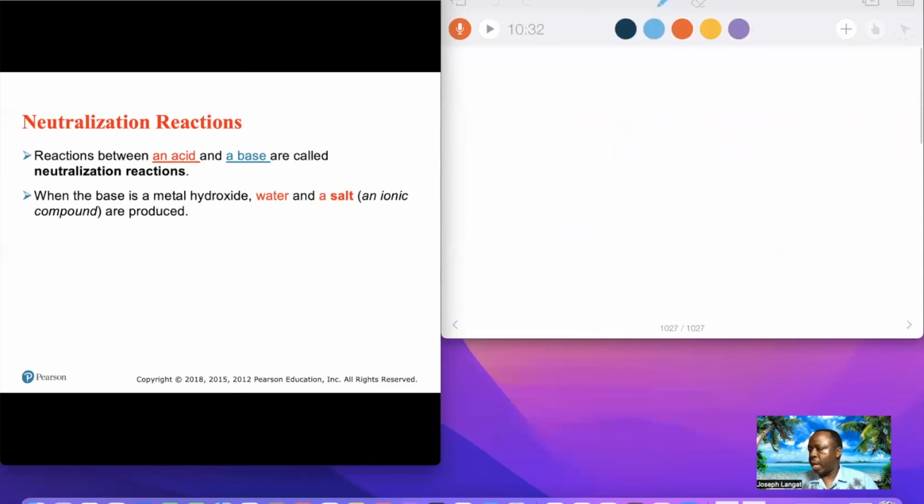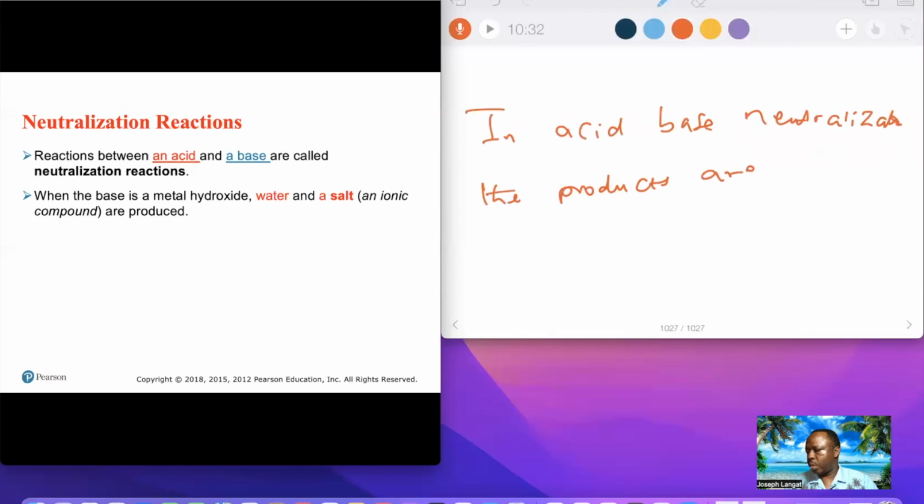Common two products in acid-base neutralization are water plus salt.